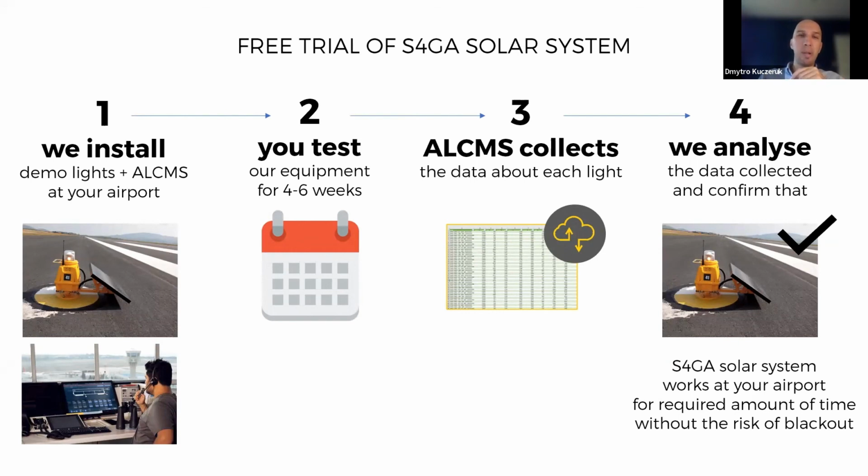So we collect an enormous amount of data, and then we analyze this data and share it with the airport. This data is supposed to confirm for the airport that what we have assumed, that the system is going to work there without power blackouts, is actually a true story.